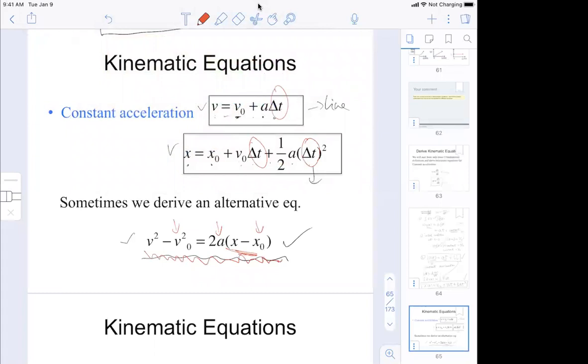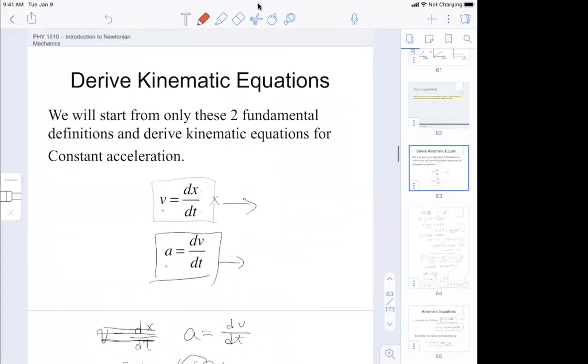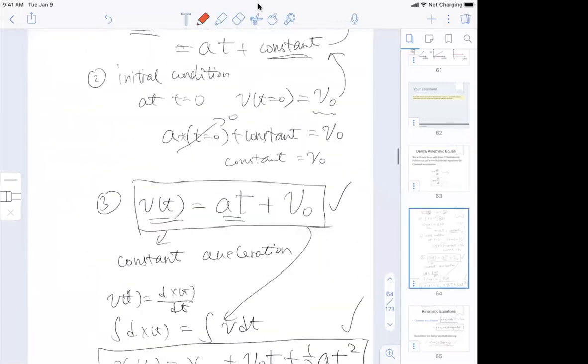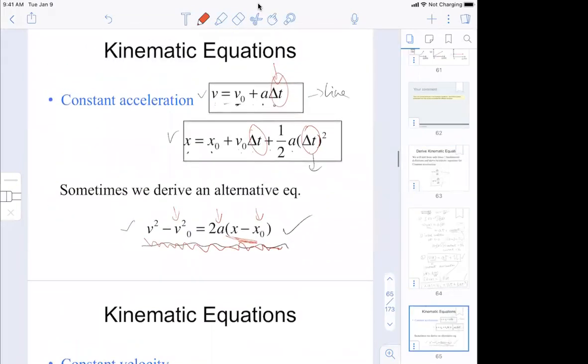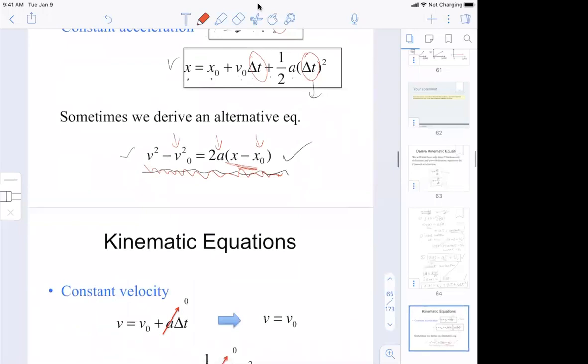But in the other case, if you're given something about the time, perhaps using the other equations is easier. So I may be over dramatic saying there are only two equations you need to know. These two are the fundamental definitions, but it really just boils down to these two equations that you get used to a lot. And we will practice today by using these equations to solve problems.